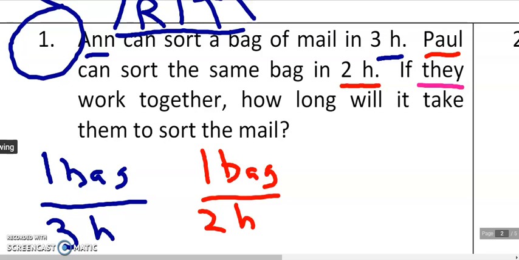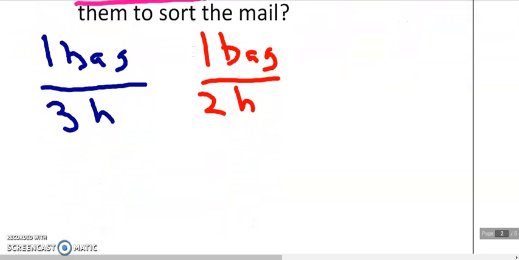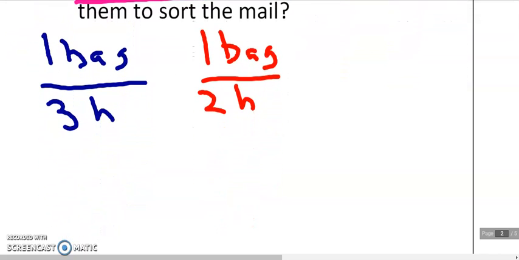If they work together, how long will it take to sort the mail? Well, if they're working together, their rates are not equal. Instead, we're going to combine them to figure out the rate. So I'm going to take 1/2 and add it to 1/3.